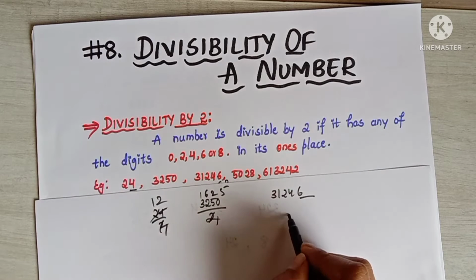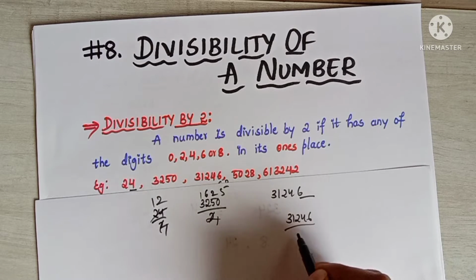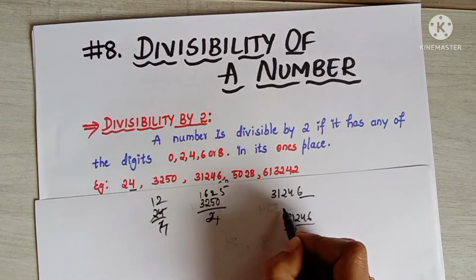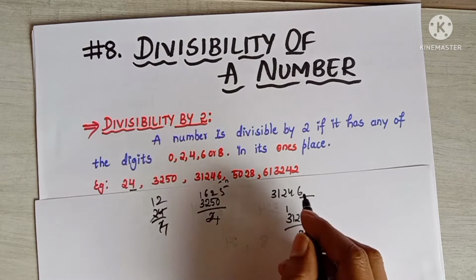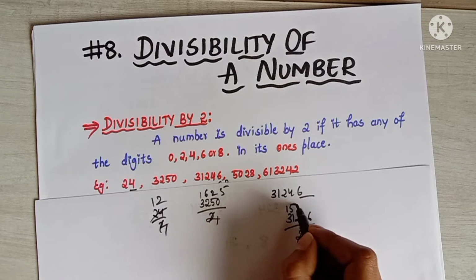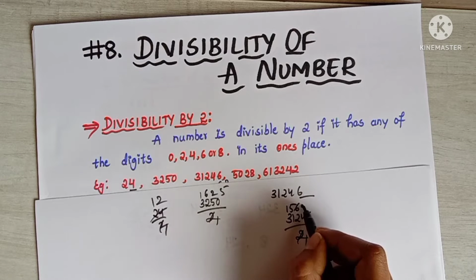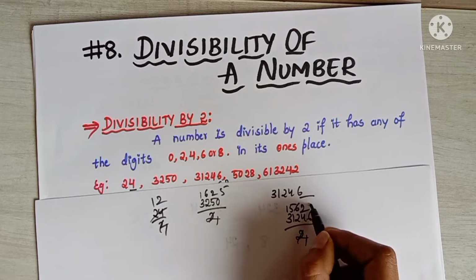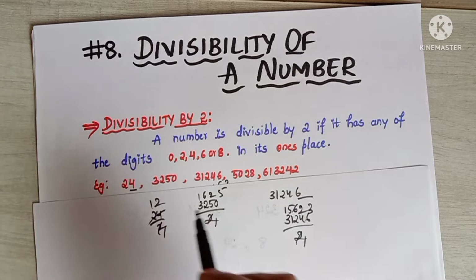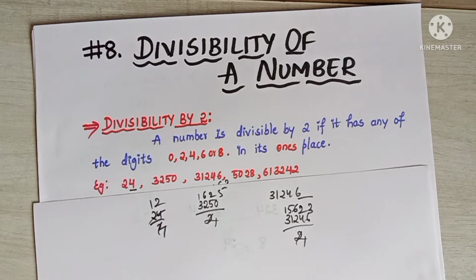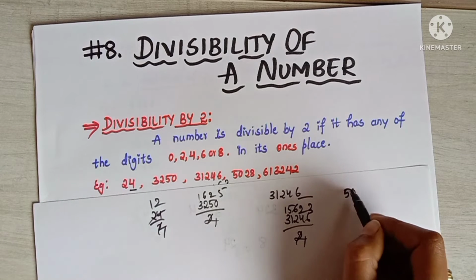Let us see. 31246 divided by 2. 2 ones are 2, carry is 1, 2 fives are 10, carry is 1. This will be 12, 2 sixes are 12, 2 twos are 4, 2 threes are 6. Therefore, 31246 is also divisible by 2. Let us take another example, that is 5028.